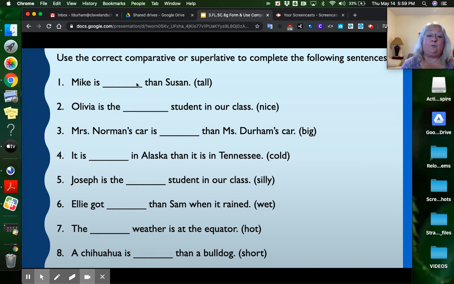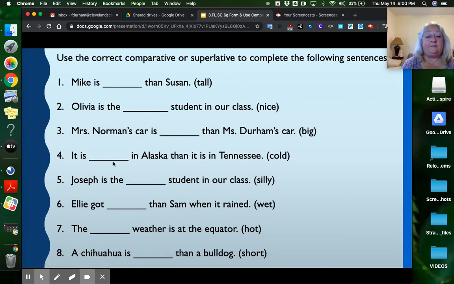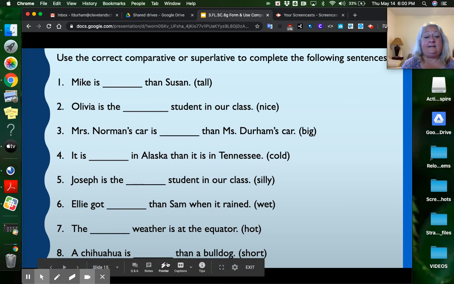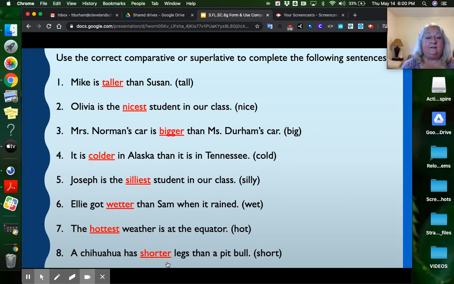So you would write the word taller. Again, your choices are at the end of each sentence. You're going to use a comparative or a superlative to make it make sense in these 8 sentences. Pause the video again and check your work. The words in red are the correct answers for those sentences.